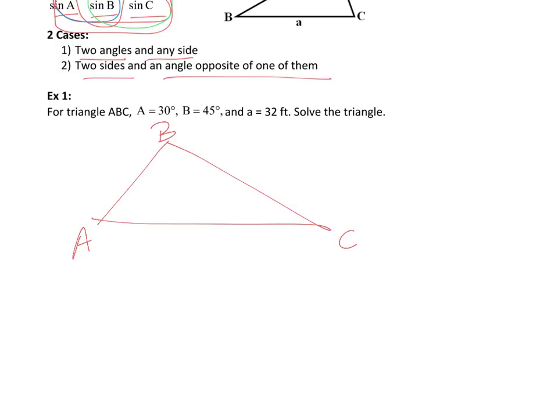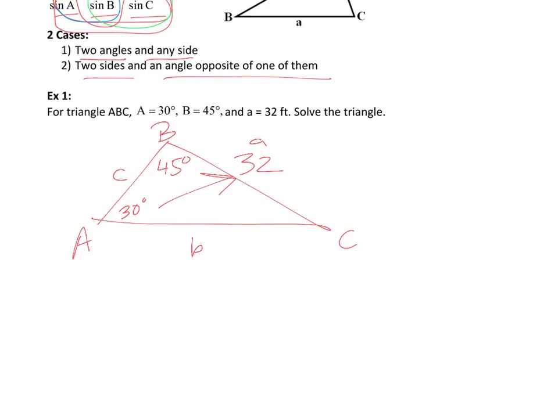Alright, so angle A is 30 degrees, B is 45 degrees, and lowercase a is opposite angle A, so that's 32 there. Across from uppercase B is lowercase b, and across from uppercase C is lowercase c. Here we have two angles and a side opposite one of them, so let's apply the law of sines.